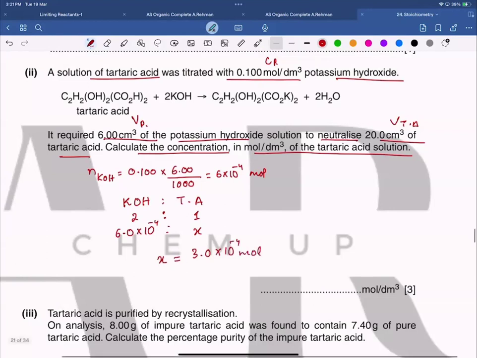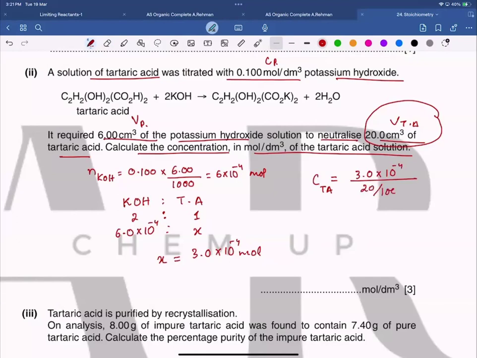Here we have the volume of tartaric acid provided in the question, that is 20 centimeter cube. So the concentration of tartaric acid would be 3.0 exponent minus 4 divided by 20 over 1000, so I will get the unit mole per dm cube.